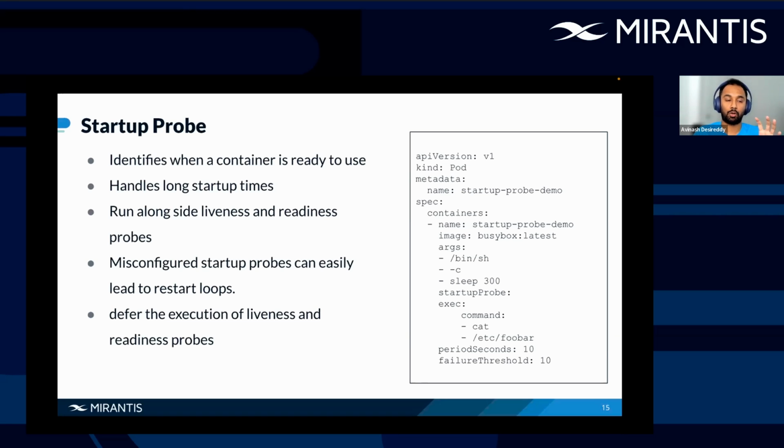It's not that you can configure only a startup, only a liveness, or only a readiness probe. All three types of probes are configured according to your application availability requirements or how your application behaves.